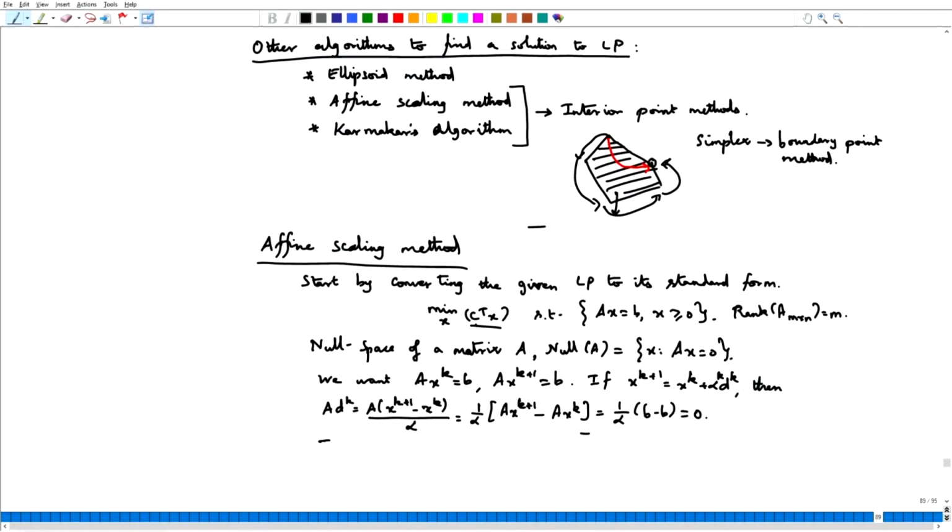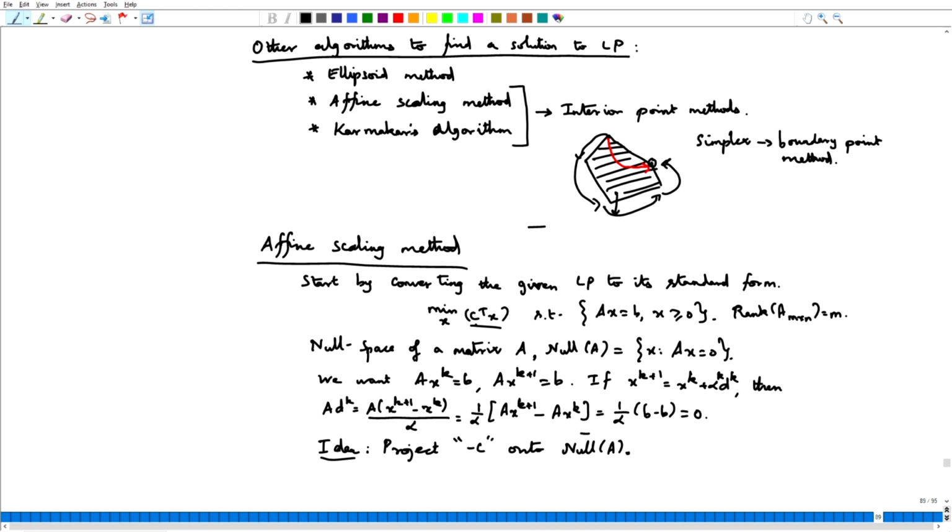So, what I am going to do is to project minus c onto the null space of A. Great. So, that is the idea.